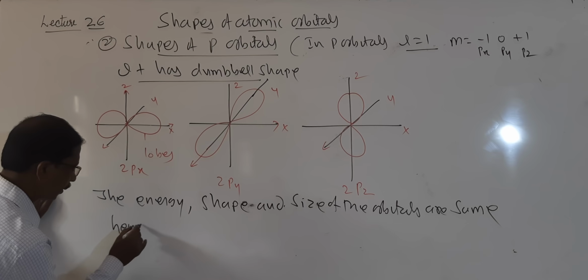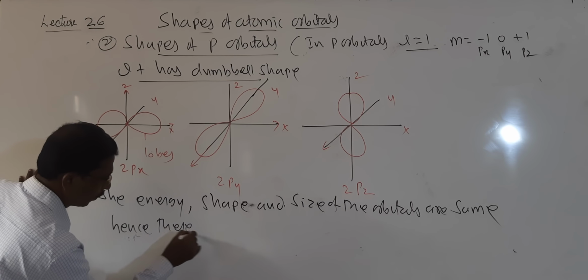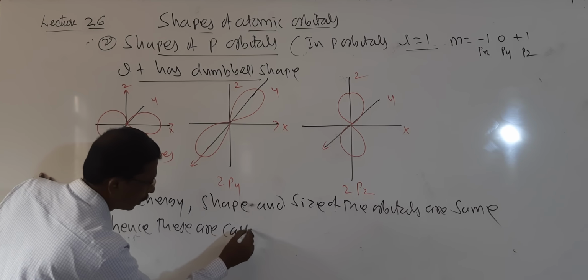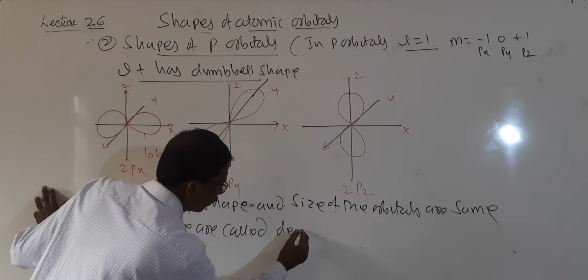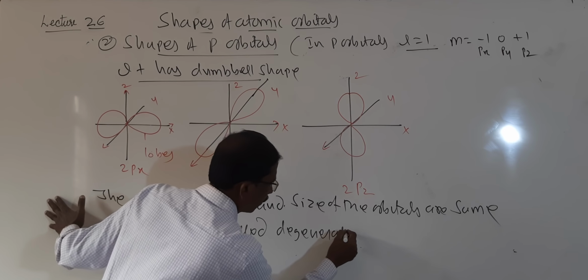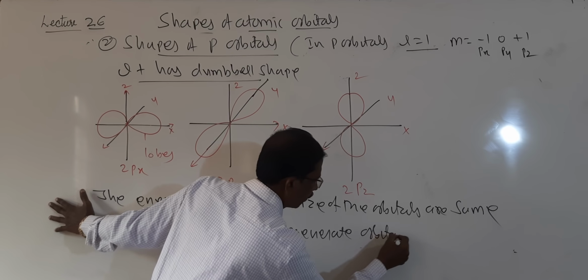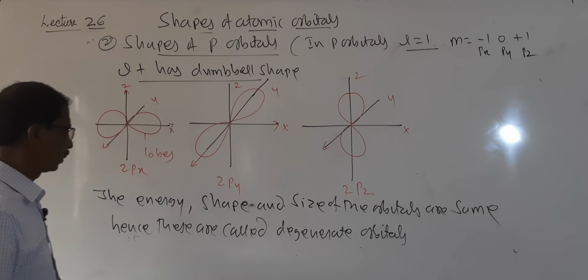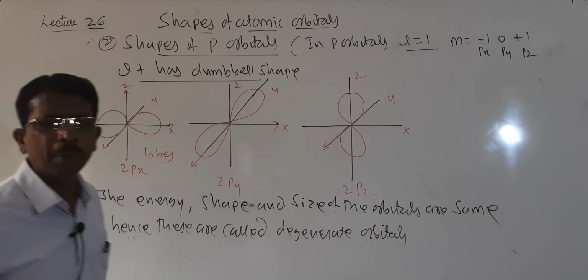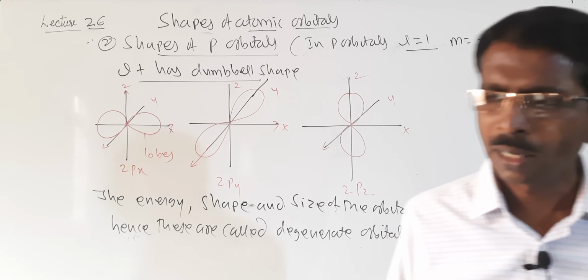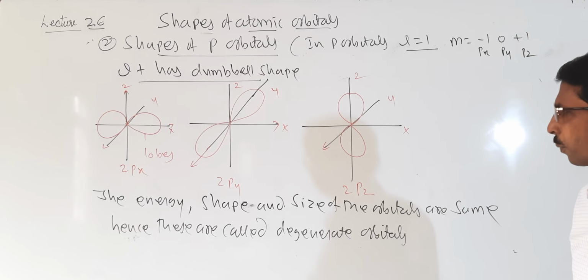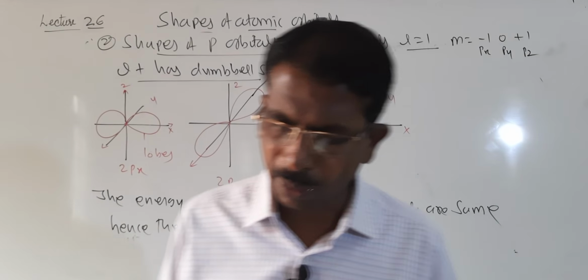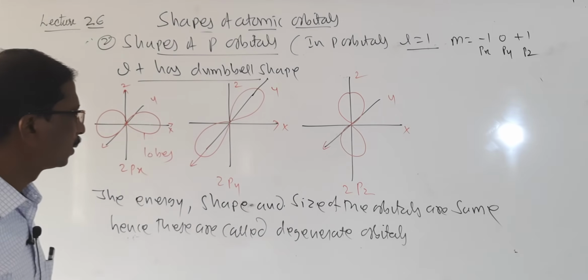Hence, these are called degenerate orbitals. So, px, py and pz are called degenerate orbitals. Look here students, these are called degenerate orbitals.